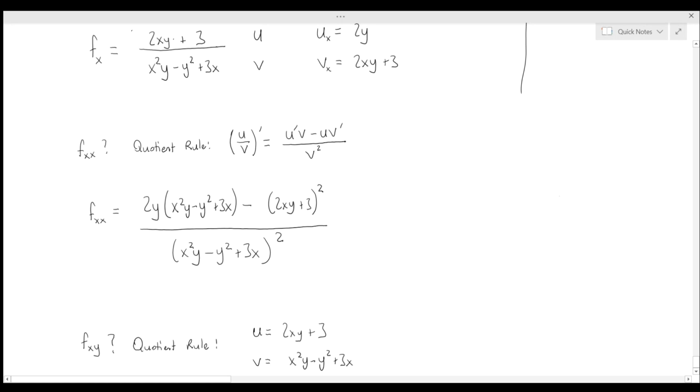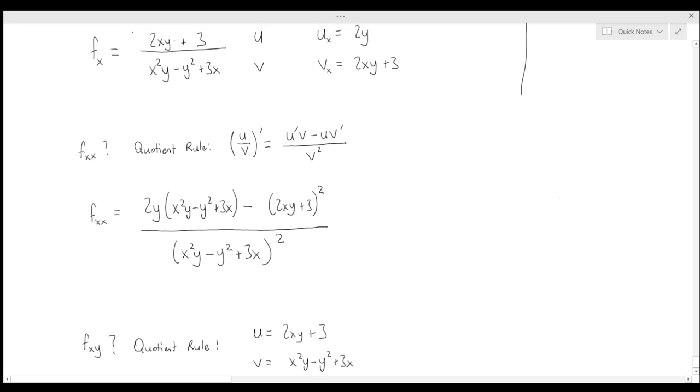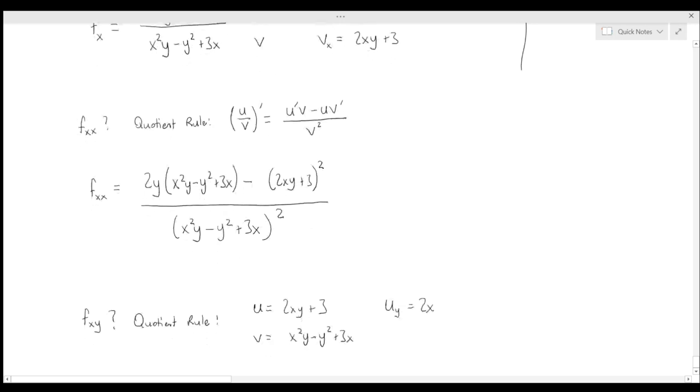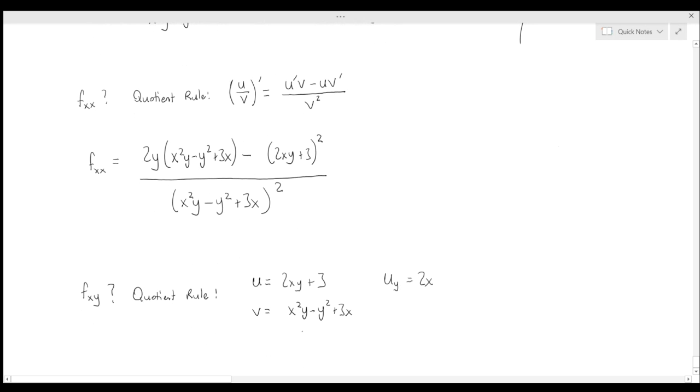But this time when I'm computing my u prime and v prime for the quotient rule, since I'm finding fxy now, I'm going to need to do the derivatives with respect to y. So the partial of u with respect to y is going to be 2x. And the partial of v with respect to y is going to be x squared minus 2y plus 0.